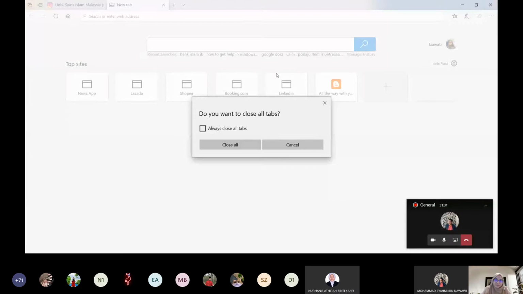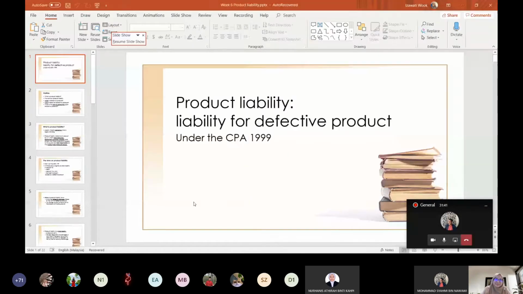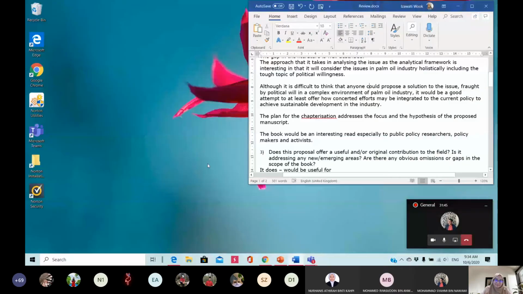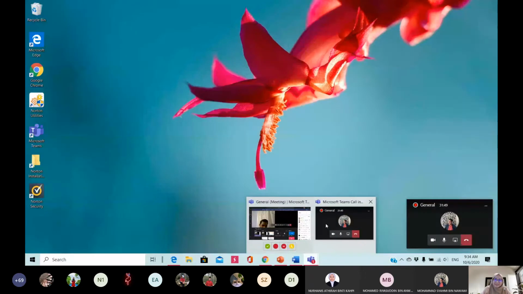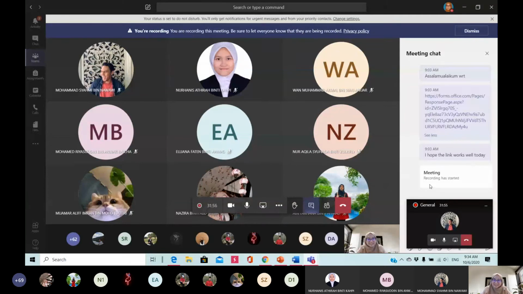Oh, sorry. Saya punya team dekat sini. Dia tak ada dekat bawah ni. Okay, any question? Saya tengok chat, saya cari chat sebenarnya. Okay, tak ada soalan ya.